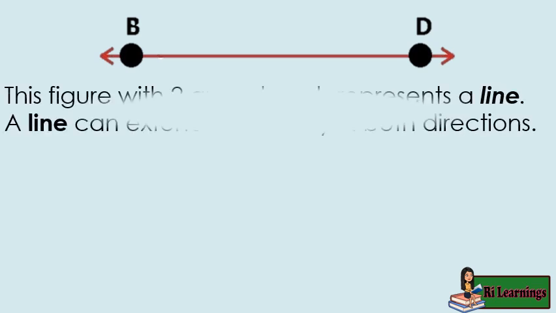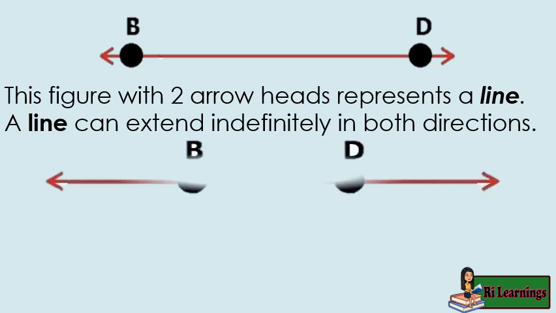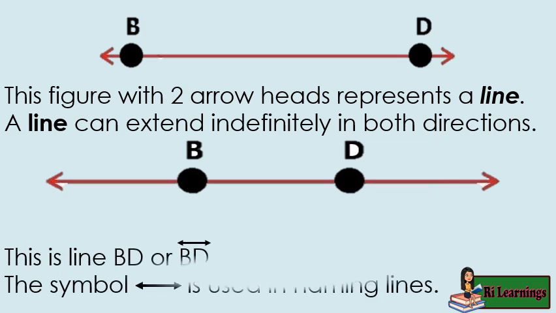This figure with 2 arrowheads represents a line. A line can extend indefinitely in both directions. This is line BD, or capital BD with a line symbol on top. This symbol is used in naming lines.